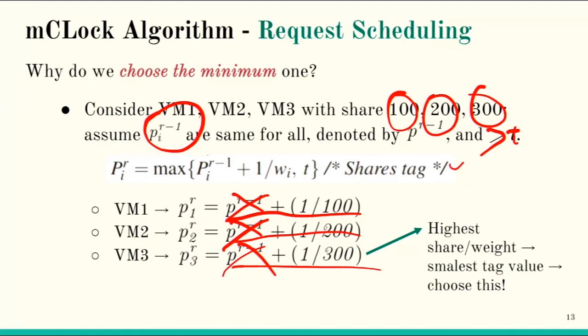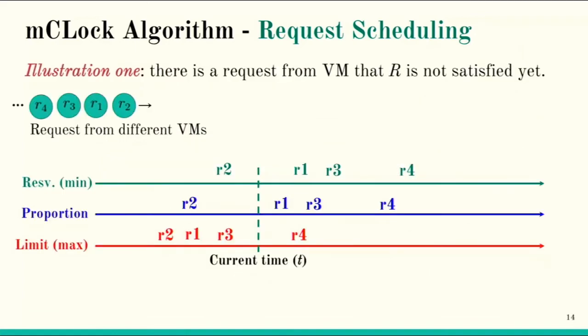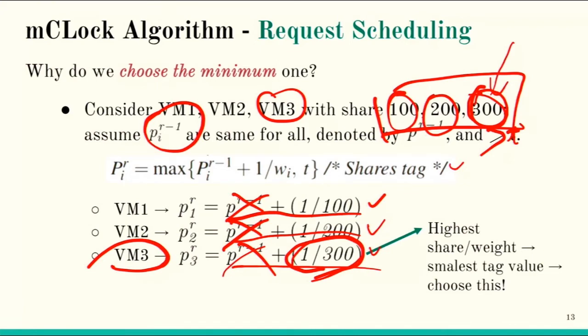Because of the proportional value here, we assign to the VM having the highest proportional value, which is VM3. VM3 here has the minimum value: this is 1 over 100, 1 over 200, this is 1 over 300. This is the minimum value. That's why we choose the minimum one, because by choosing the minimum, we actually try to fulfill the maximum proportional value of that VM. So that's why we always choose the minimum value of the tag.